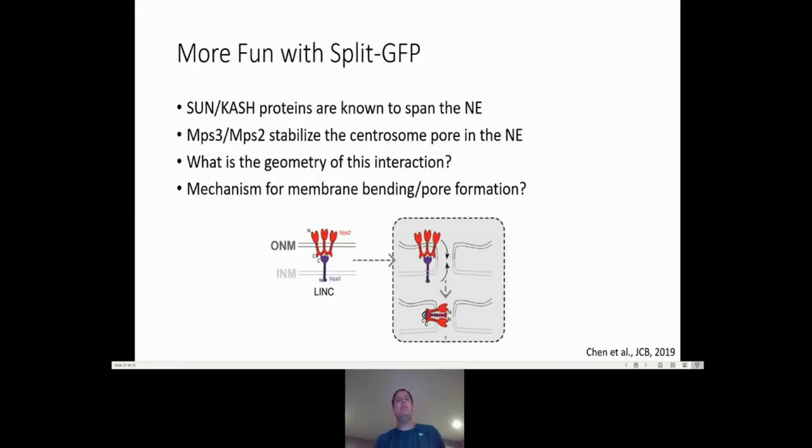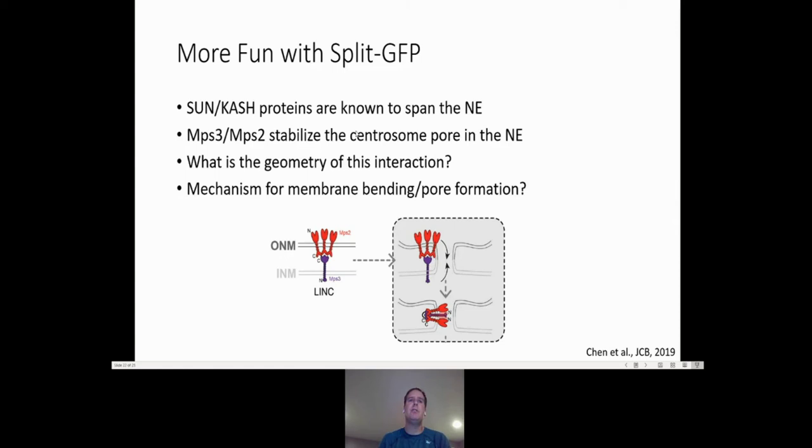Another fun thing that we've been able to do with split-GFP is utilize it in super resolution studies to look at the geometry of different complexes. One example of that is our investigation into the SUN-KASH complex. The SUN-KASH proteins are known to span the nuclear envelope and act as tethers for the nuclear envelope. In yeast, the proteins that do this function are MPS3 and MPS2.